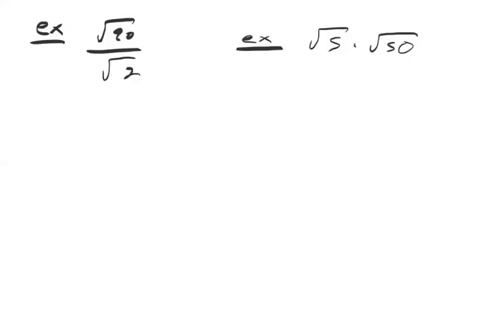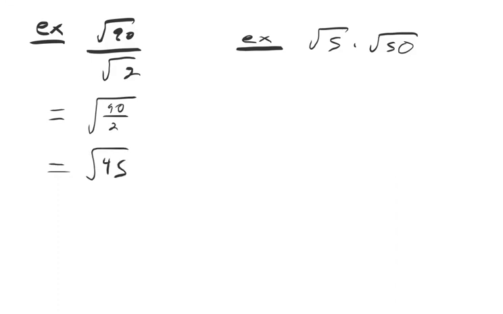Okay, looks like a lot of you are getting it correct. That's good. So the first thing I'd want to do is take the square root of 90 over the square root of 2. Looks like the 3 square root of 5 and the 5 square root of 10 are correct, by the way. So this would be square root of 90 over 2, which is the square root of 45.